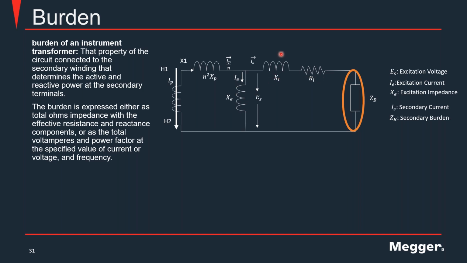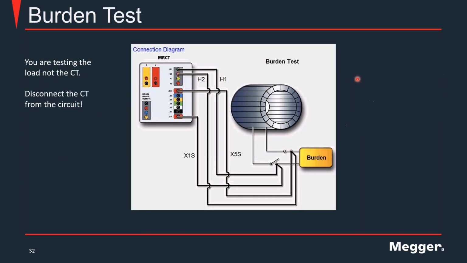The leakage is something that depends on the type of transformer that you have. In some cases, it's very small. In some cases, it's significant. This is the leakage of the secondary winding of the transformer. Now, the burden is whatever load you have connected beyond those terminals, whatever load you have connected to the terminals of the current transformer.